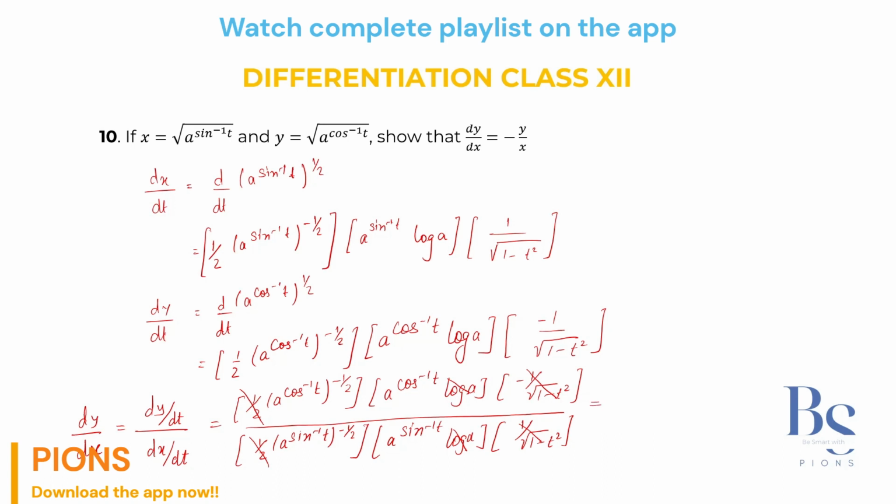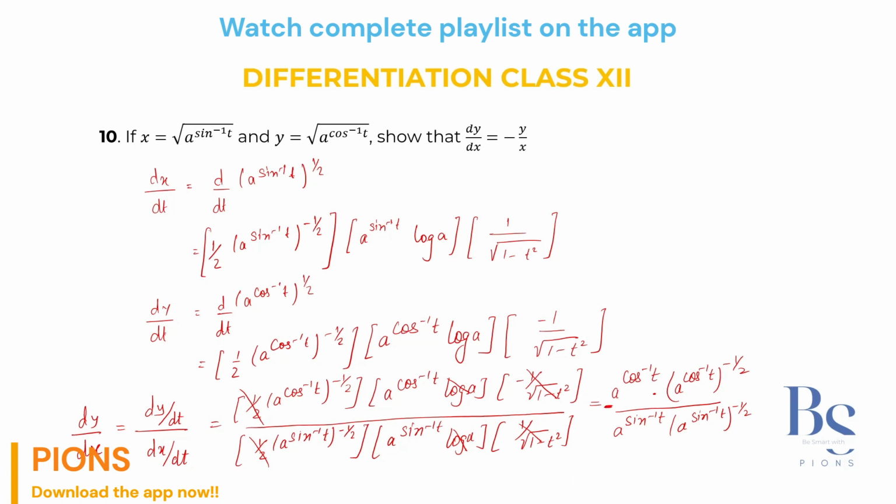This will be a cos inverse t into a cos inverse t whole raised to minus half, whole divided by a sine inverse t into a sine inverse t whole raised to minus half. And there is a negative sign also. So let's put a negative sign here on the top. Okay, let me make it a little more dark. So this is our negative sign.